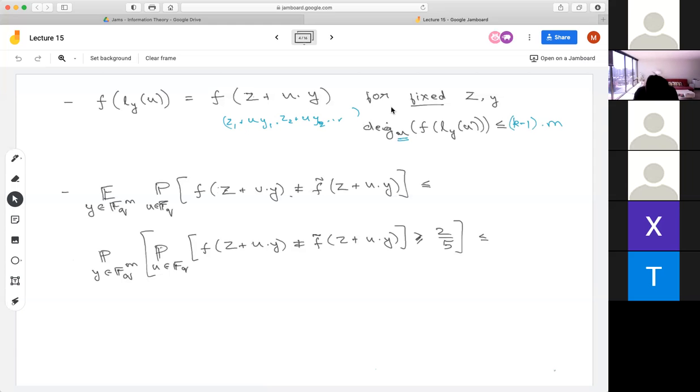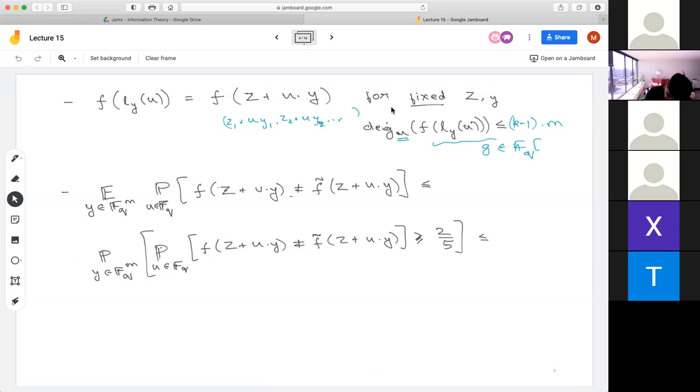And so now, along this line, I have a polynomial in this one variable u. Let's call this polynomial g.